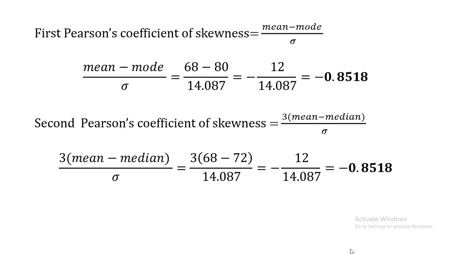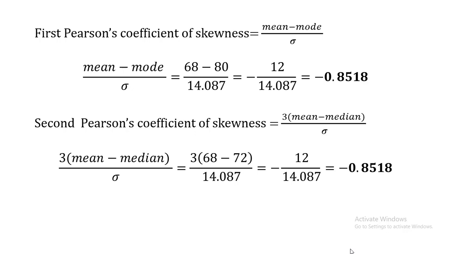If all of these values are positive, then we say it is a positively skewed distribution. And for a symmetrical distribution, all three values, when we are talking about only the first three coefficients, should be equal to 0. If they are not equal to 0, we cannot say it is a symmetrical distribution.